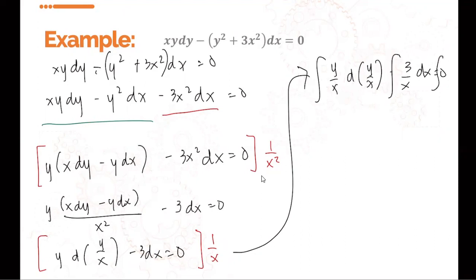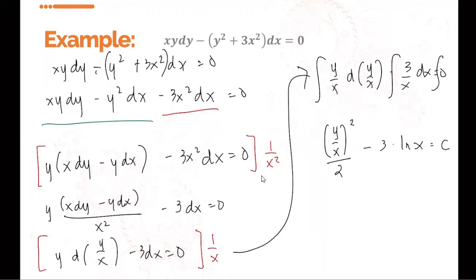So we have y over x squared over 2, okay? Minus 3 times the integral of x to the negative 1, so sorry, the dx over x is ln x. Okay? It's equal to c.